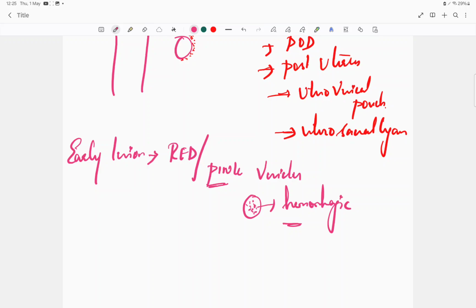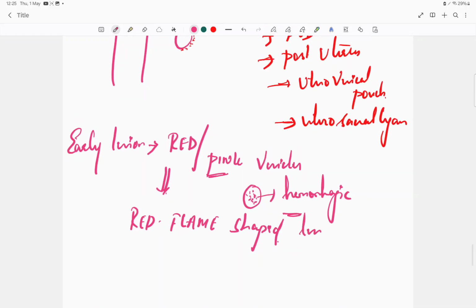Okay. So how does it appear? This is an MCQ. It appears as red flame shaped lesions. Okay. Red flame shaped lesions. So this is nothing but called early lesions. Very, very important.